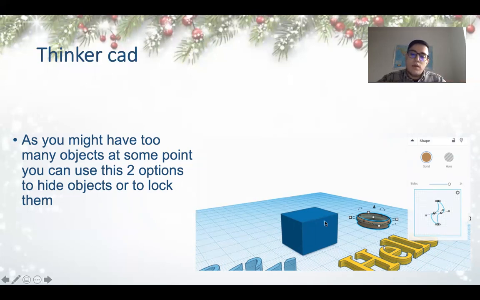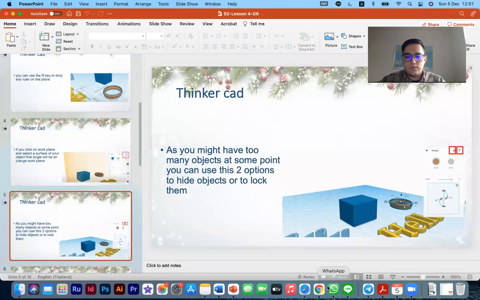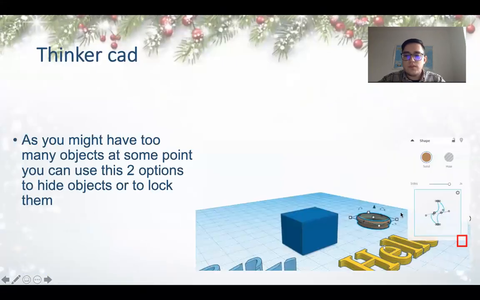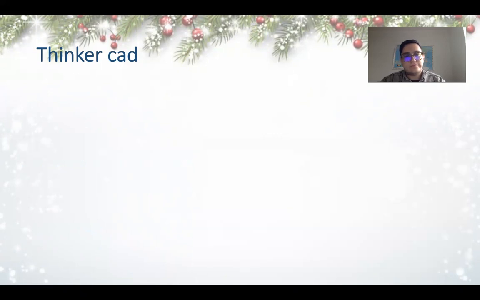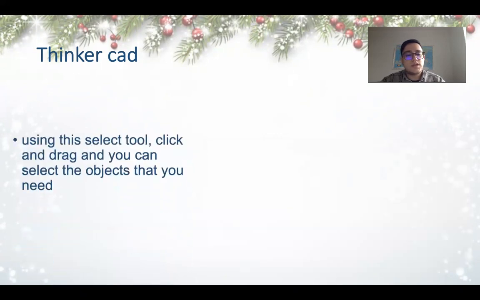For example, if you need this square to be hidden, you just click this and it will hide the object. And if you click this little lock on the left of it, it will lock the object and you cannot move or edit it until you unlock it, which can be very useful at times.